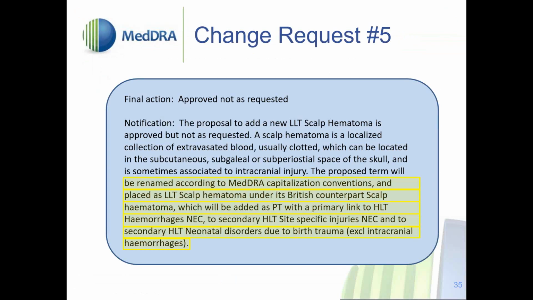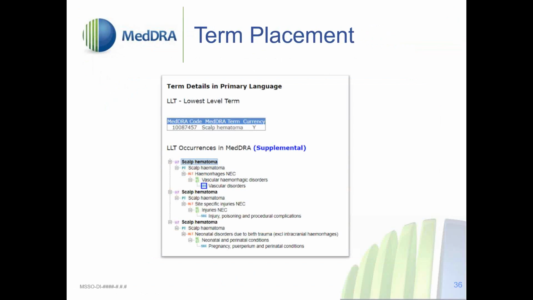So this may increase your percentage of acceptance as requested, but this is peanuts. Yeah, but still, we need to say approve not as requested because it's not correct. And it was added as a PT with the British English spelling, and the term that was requested was, of course, added as an LLT underneath it as well. So we see that there in the highlighting.